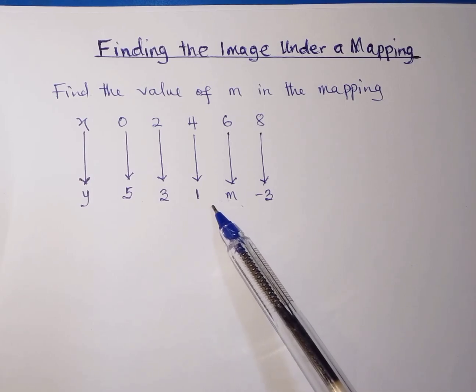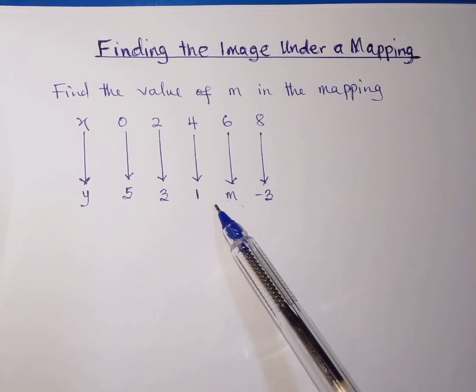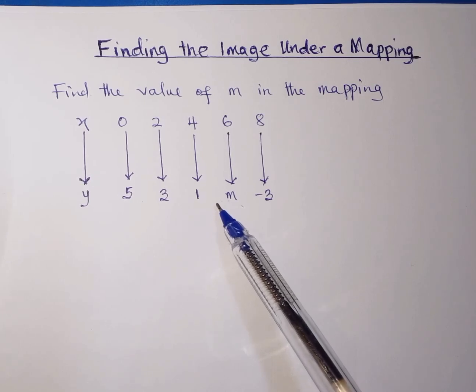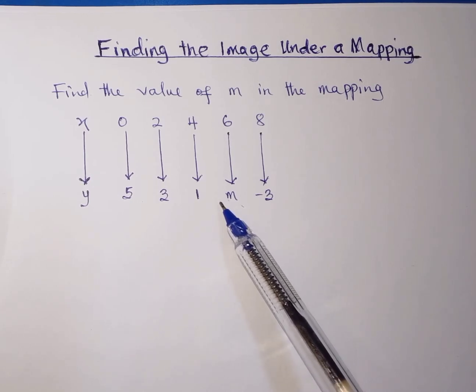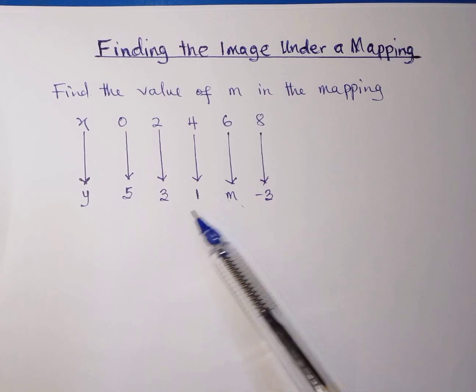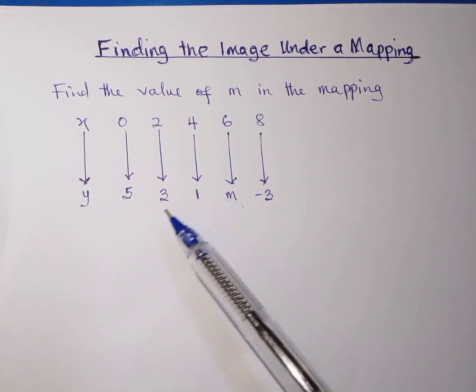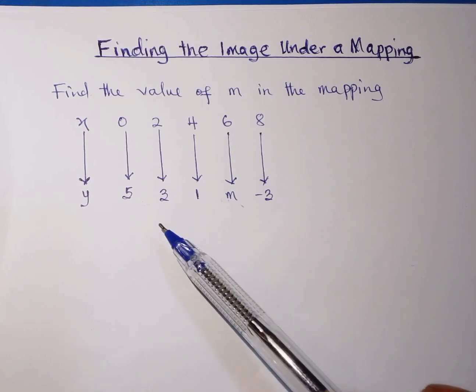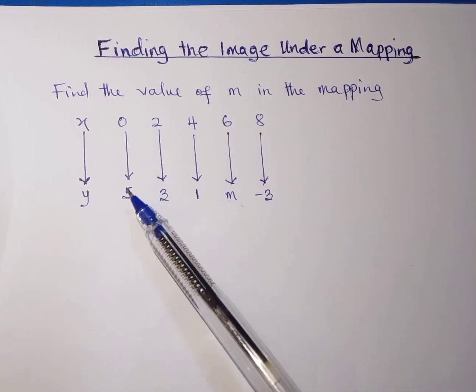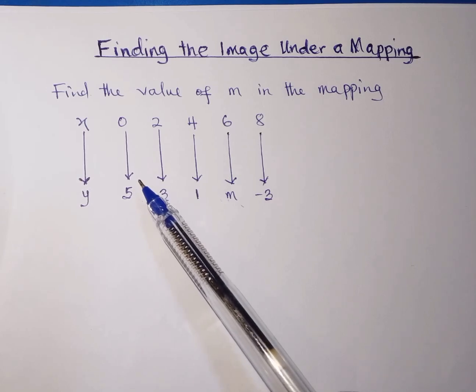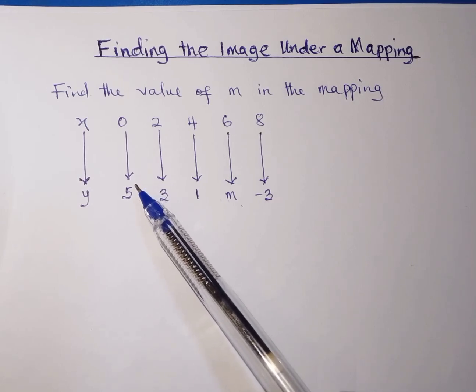Once we are done with all those rules, questions like this become very easy for us to find those missing values or images. So let's look at how we can find the rule of the mapping. As we did earlier, whenever you are given the question, you need to test whether it's linear, exponential, or quadratic.